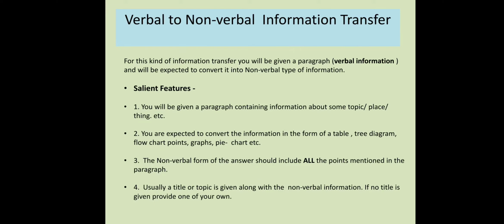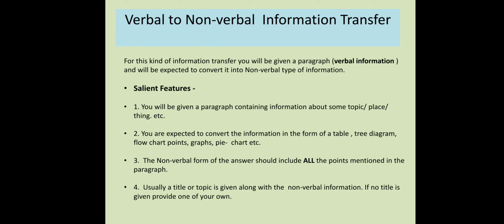For this kind of information transfer, you will be given a paragraph, that is verbal information, and will be expected to convert it into non-verbal type of information. See the salient features of this information transfer.